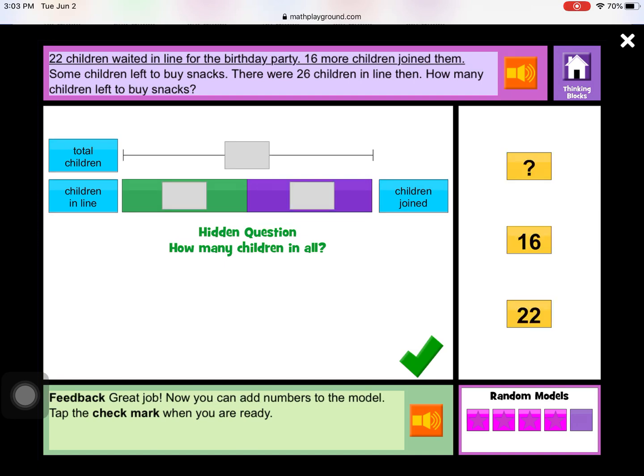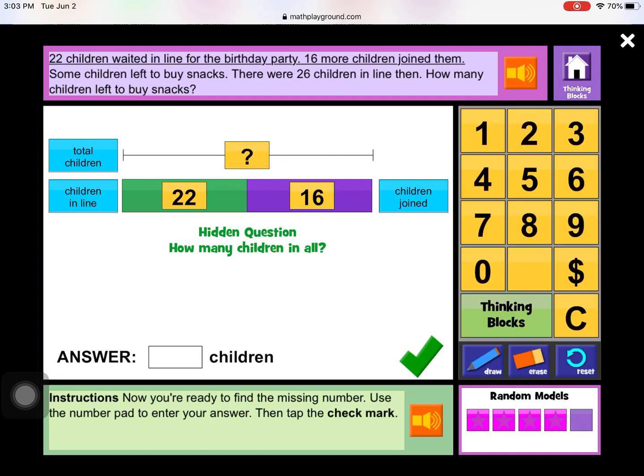All right. Do I know the total number of children? I do not. I know there were 22 children that waited in line for the birthday party. So 22 waited in line. 16 more joined. I do not know the total number that were in line.